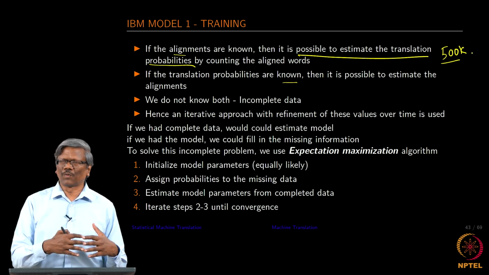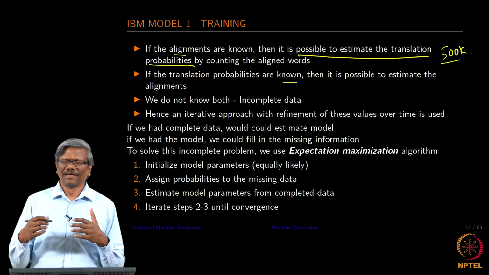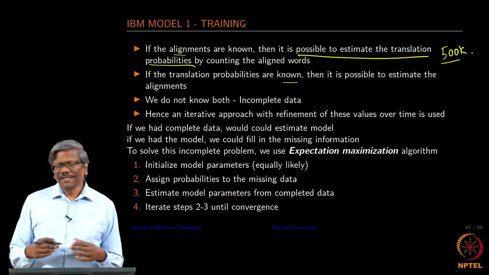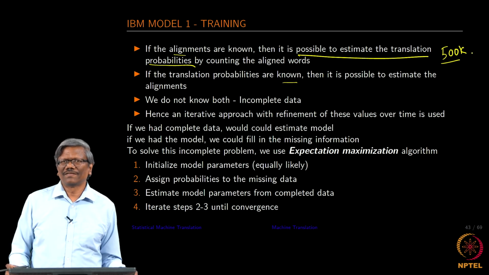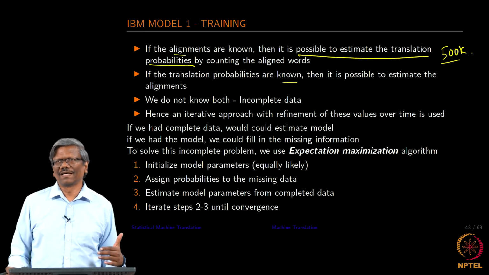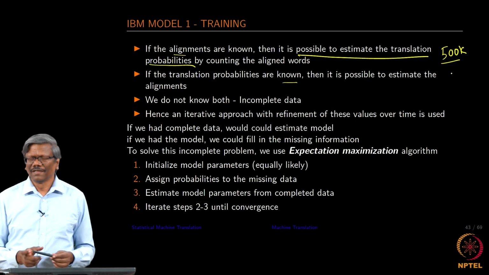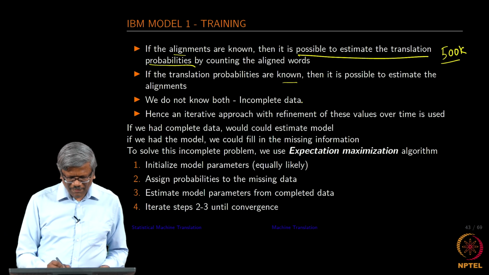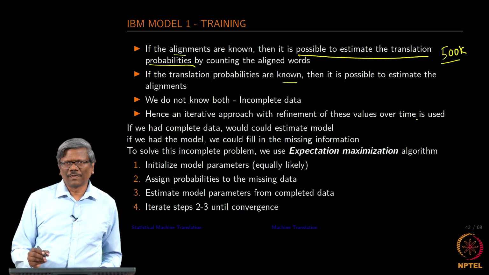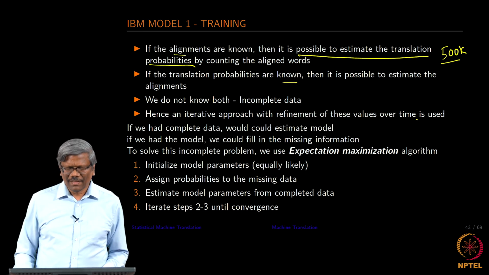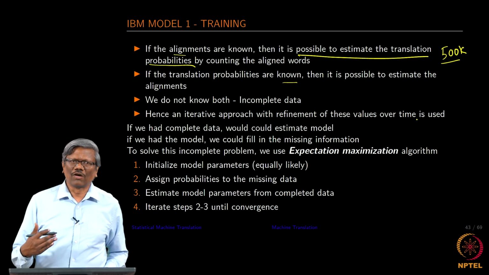So we can only provide the sentences or aligned sentences and not the aligned words. Okay, so it is going to be hard to estimate that. So what we do is we need to figure out an iterative approach and then refine the values as we go along. Okay.